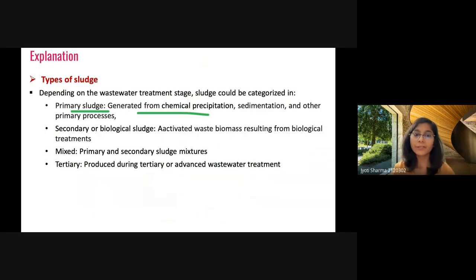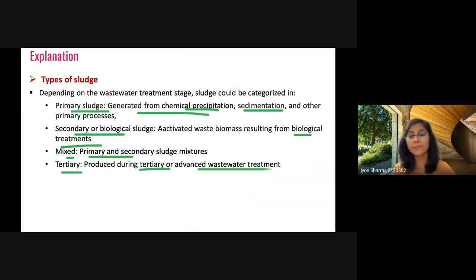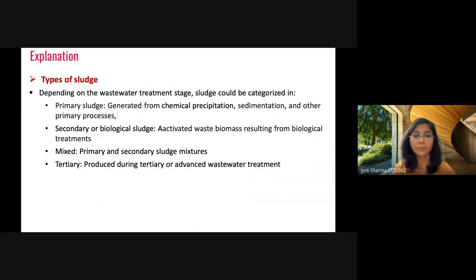For example, chemical precipitation and sedimentation come under primary treatment, and whatever sludge we get from those processes comes under primary sludge. In the secondary, whatever we get after biological treatment comes under secondary sludge. We also have mixed sludge, which is a mixture of primary and secondary sludge. And we also have tertiary sludge, which we get after tertiary or advanced wastewater treatment.